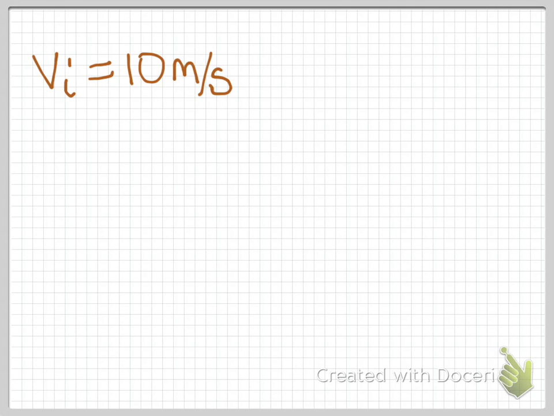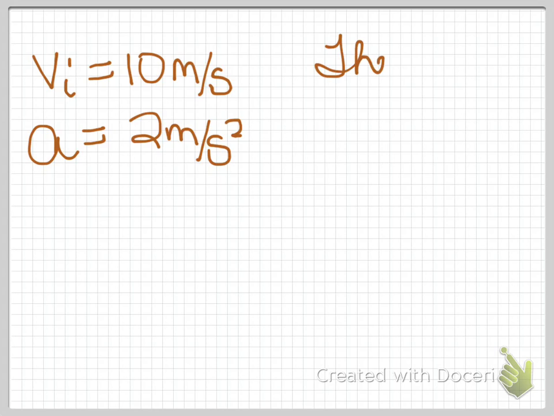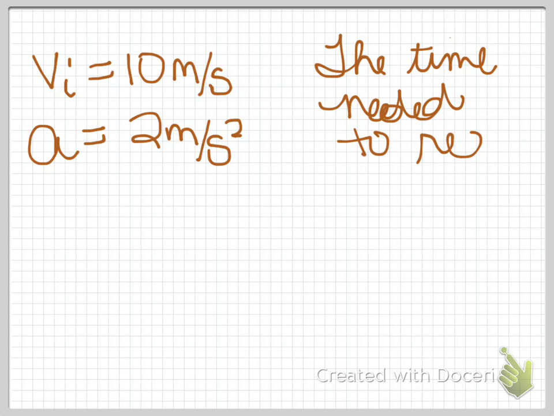Okay, and then it says you have your acceleration of 2 meters per second squared. And it asks to know the time needed for the car to reach 30 meters per second.